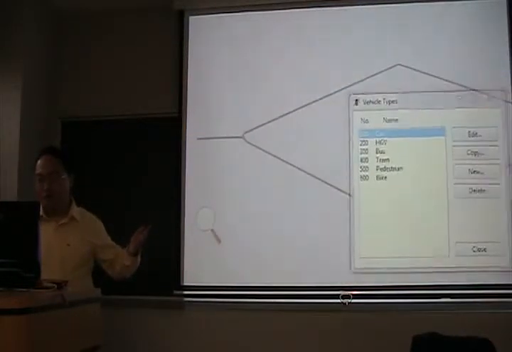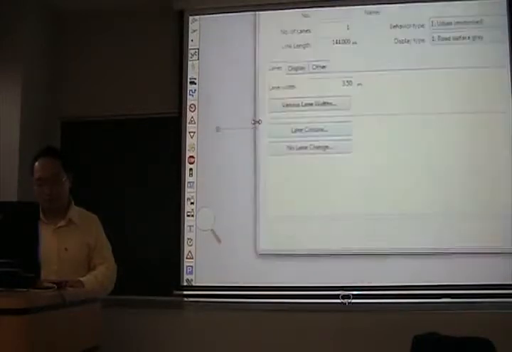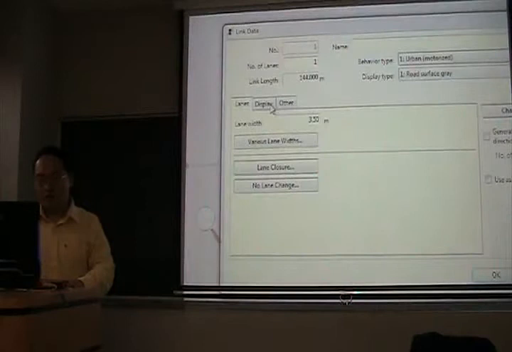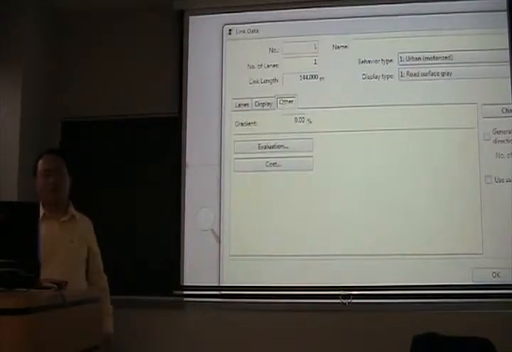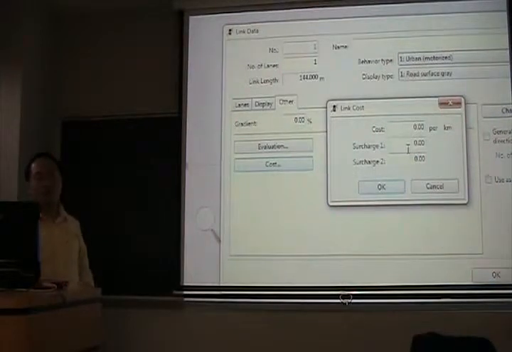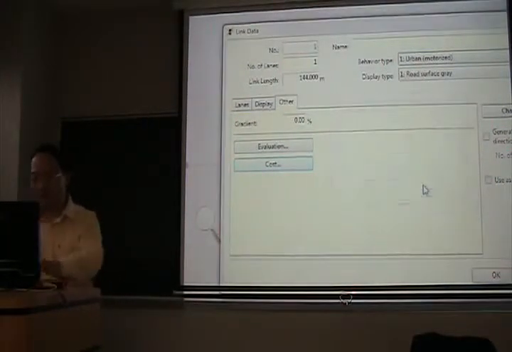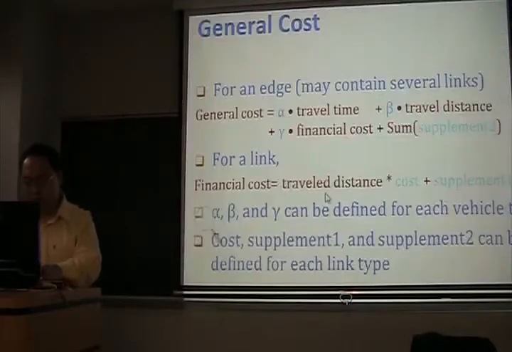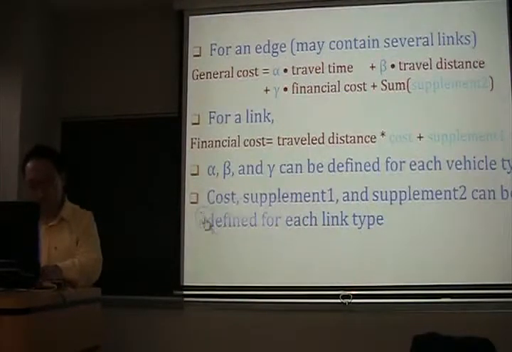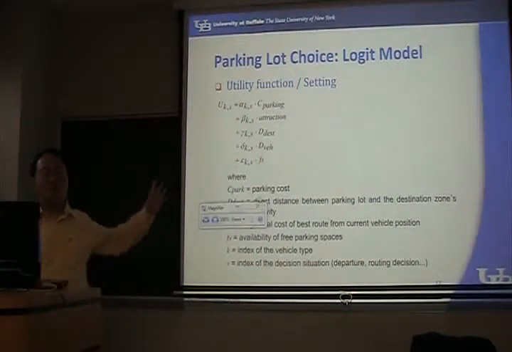And for each link, it has a tab called other and a button called cost. And here you will be able to specify 3 other parameters. And that was for route choice.